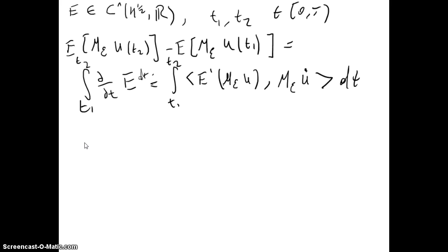Okay, so this will be equal to the integral from t1 to t2 of the real part. We will always be taking this real scalar product of, well, we know what this is, let's say A, we call A being the square root operator, m epsilon u plus, well, now recall F, the notation for the convolution part of m epsilon u.